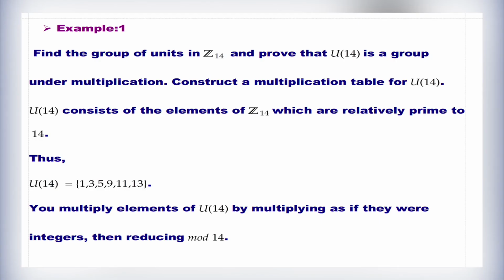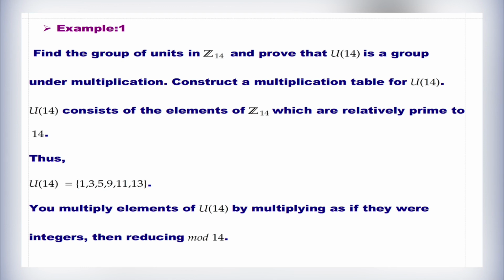Now, we look into some examples. The first example is, find the group of units in Z14 and prove that U(14) is a group under multiplication. Construct a multiplication table for U(14). U(14) consists of the elements of Z14 which are relatively prime to 14. Thus, U(14) = {1, 3, 5, 9, 11, 13}.